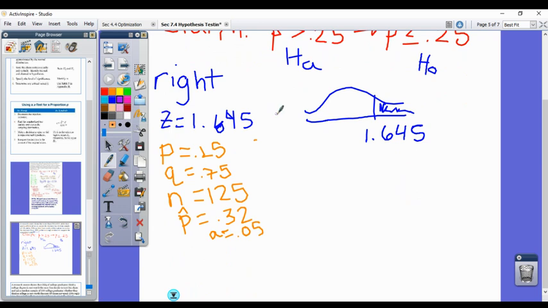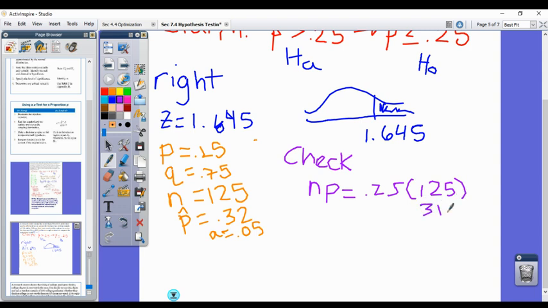Okay, so for our check, we're going to be multiplying N and P and N and Q. So N times P is 0.25 times 125. And that is going to give me 31.25.